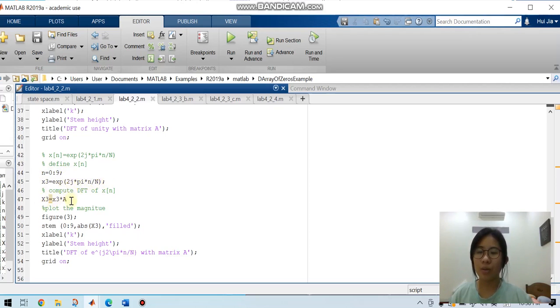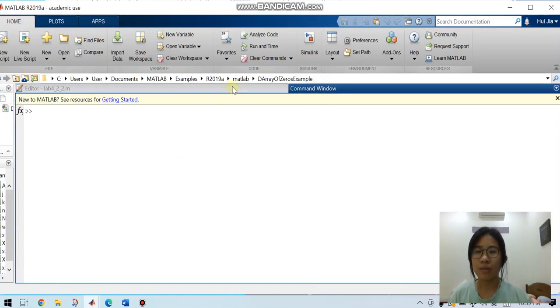The answer will also be multiplied with A to get X3, which is the DFT of the signals. The magnitude is plotted using stem, xlabel, ylabel, and title.